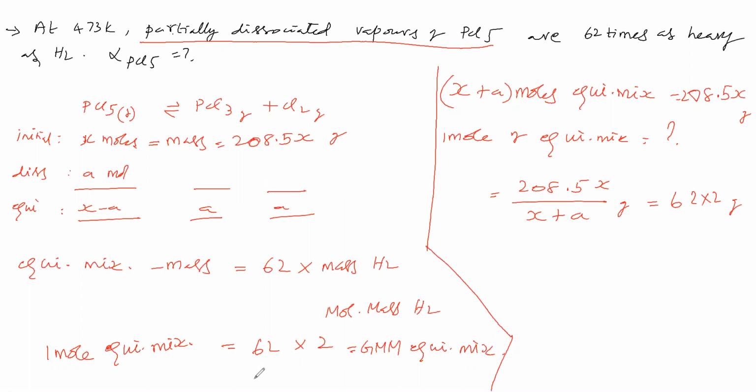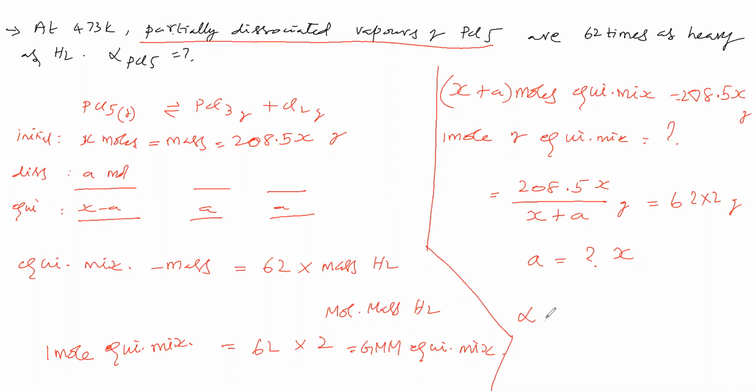Already we said 1 mole of equilibrium mixture mass is this much. Therefore, we have substituted like this. Now we can find A in terms of x.